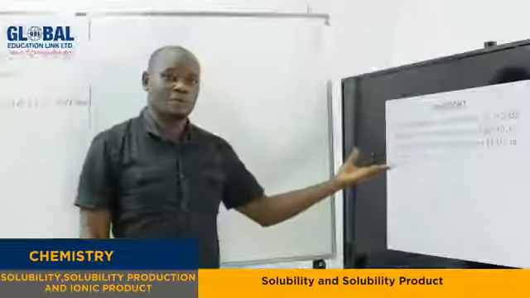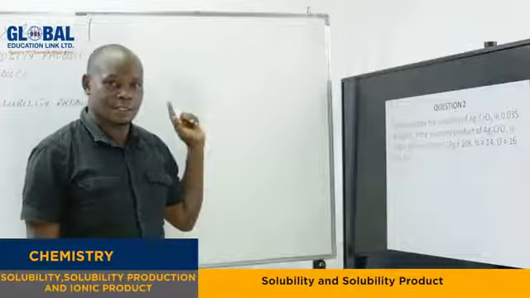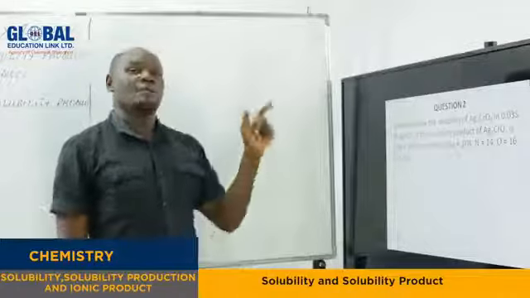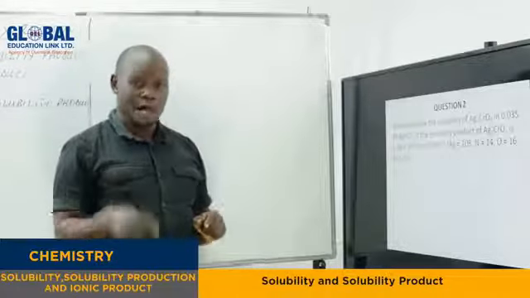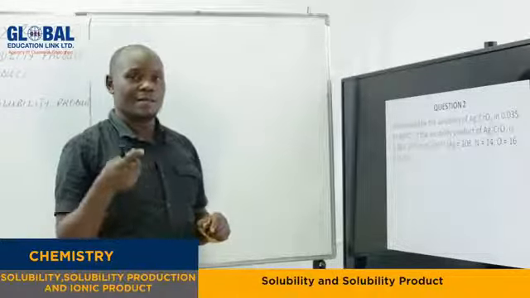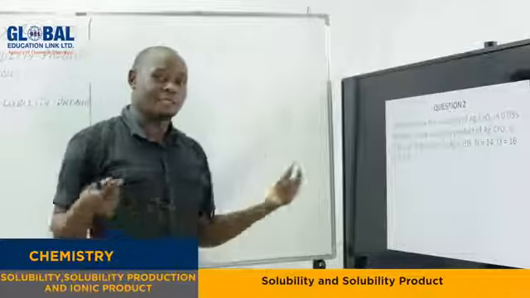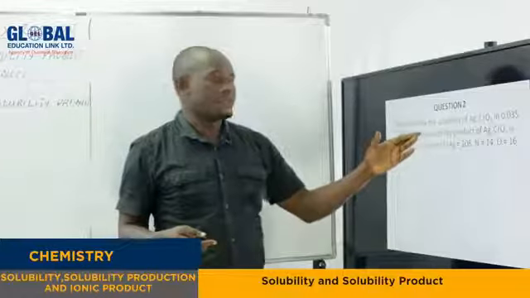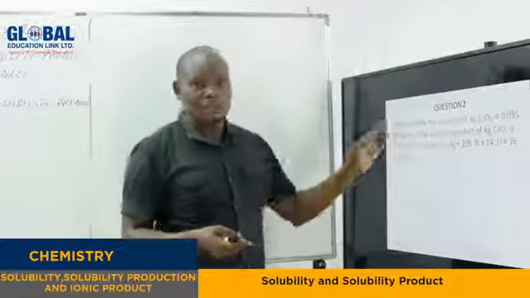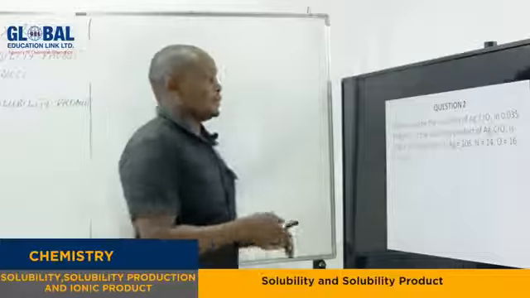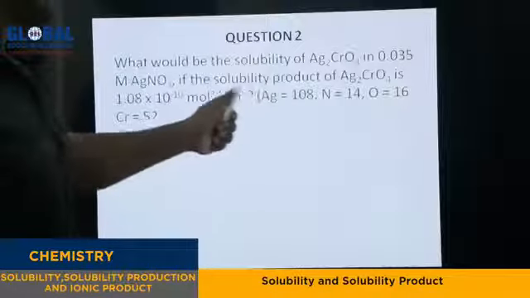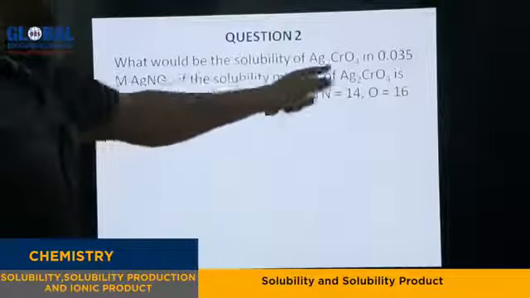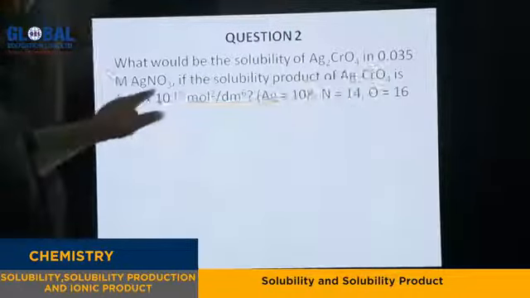If you compare this question to our knowledge that we have discussed, it is concerned with the common ion effect. How does it affect the solubility of a substance? So let us now start solving that. We have been given the concentration of silver nitrate.